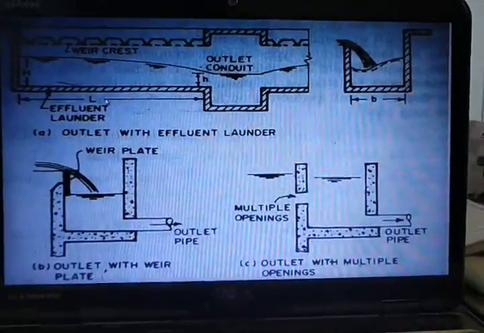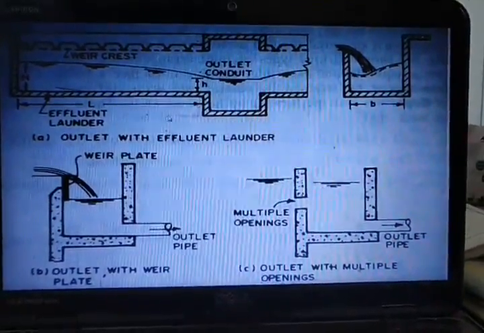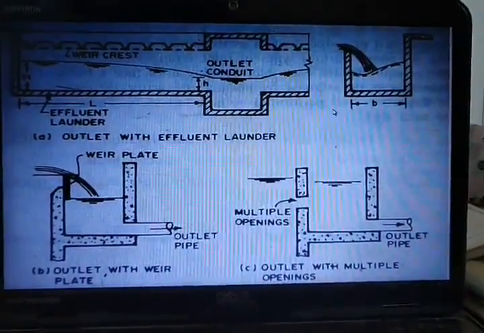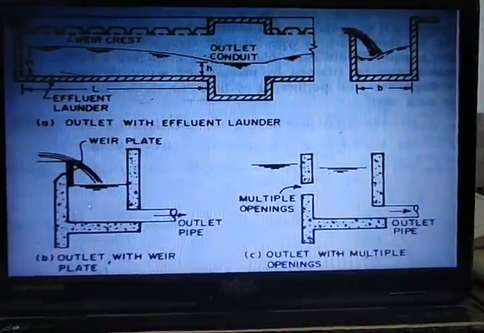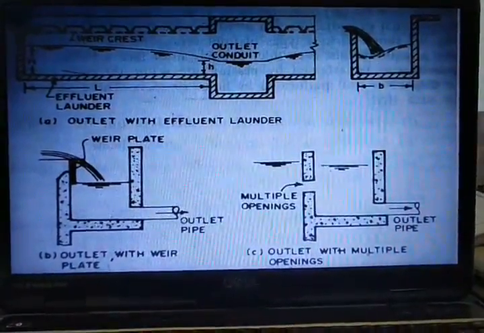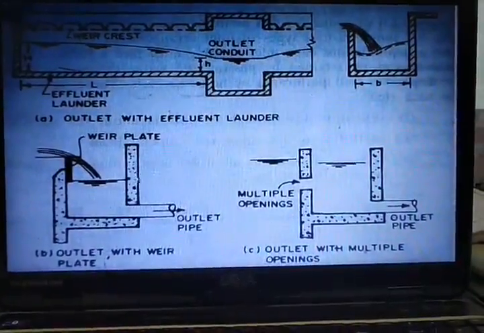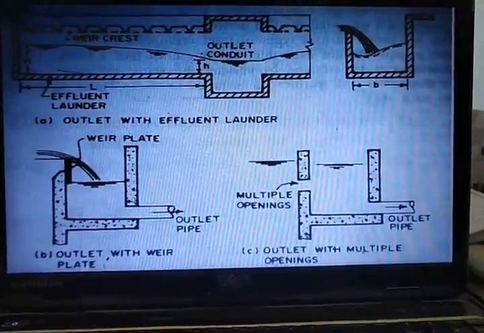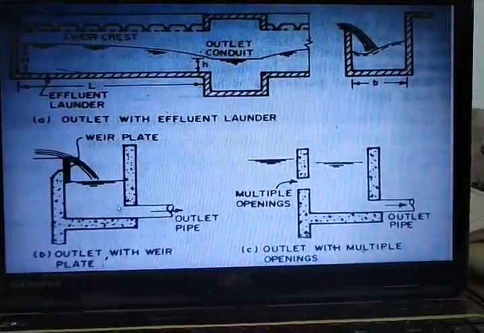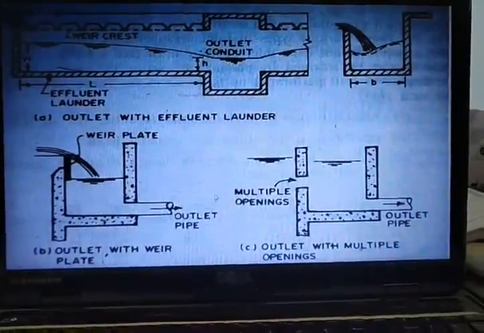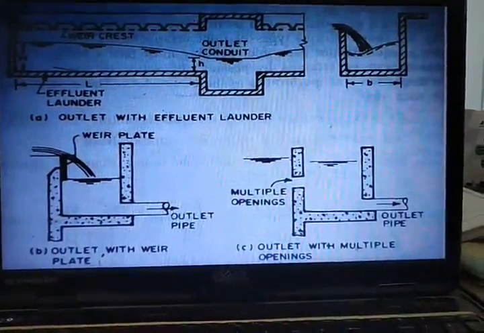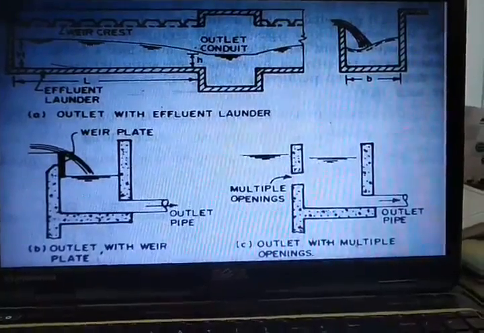Okay, so this is the length of the outlet effluent launder, and this is the width section of the outlet launder. Okay, and this is one kind of other outlet arrangement with the construction of a small weir here, so water will slowly go out of the system in a sedimentation tank. And there could also be outlets with multiple openings.